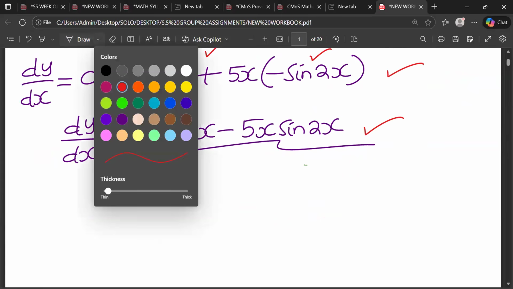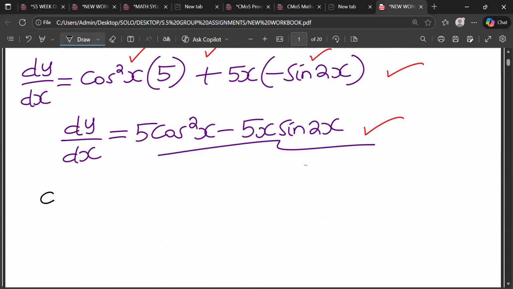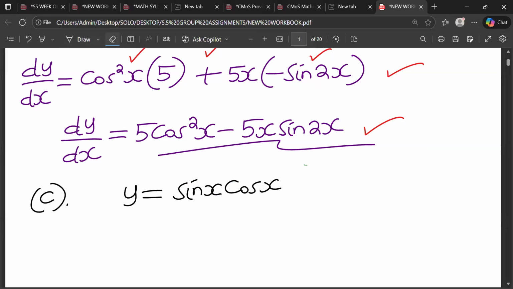A case in point, is this number doable? Can you do that number?